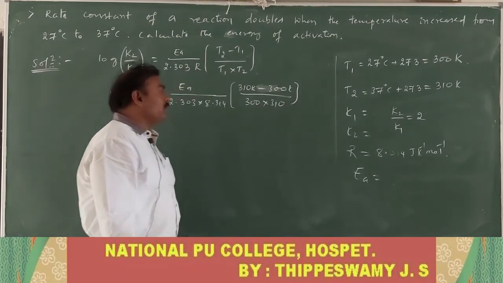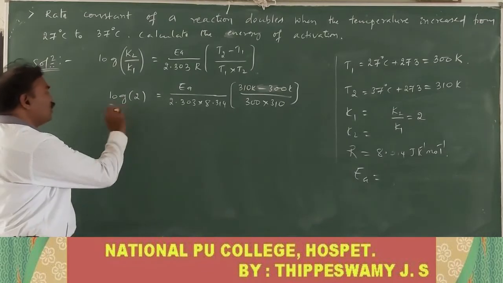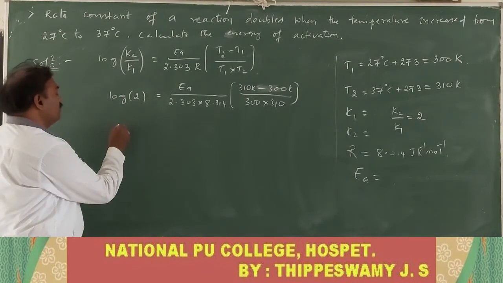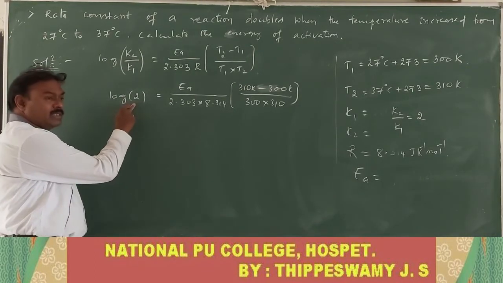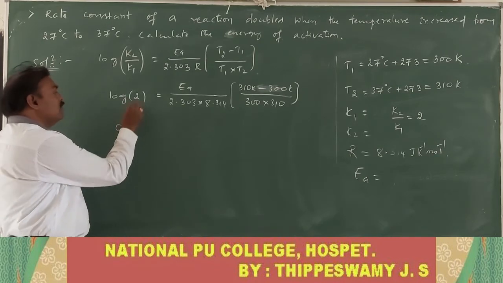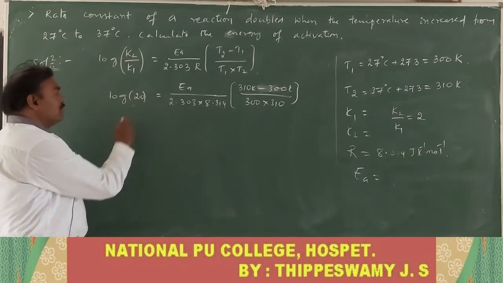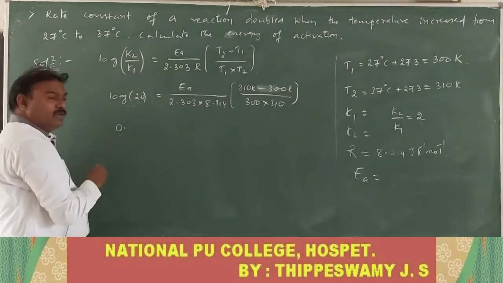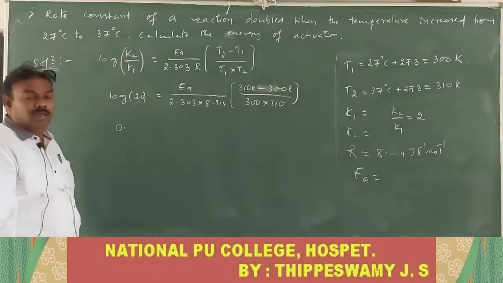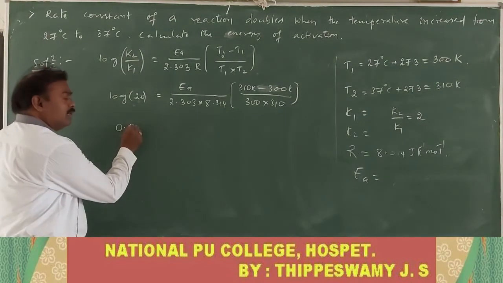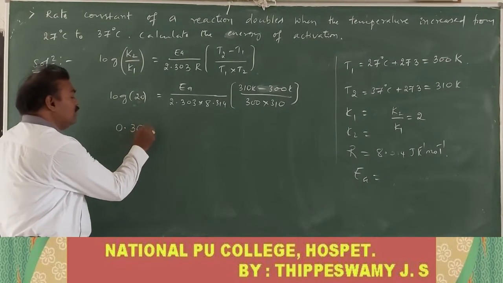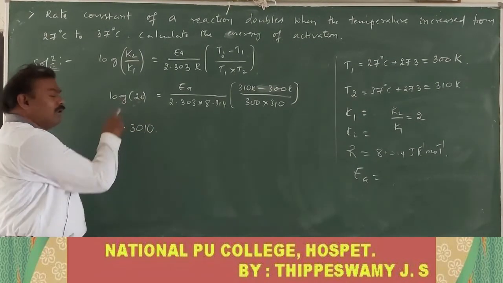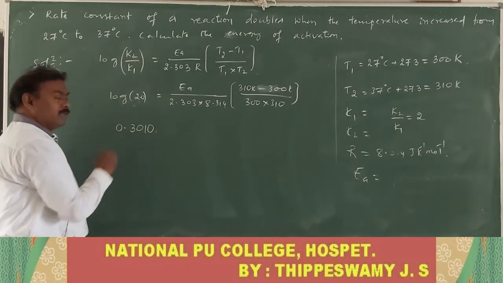So now we can simplify this. What is the value of log 2? For a single digit number, the characteristic will be 0 only. Looking at the logarithm table, 20 under 0 will give 3010. So the total value of log 2 is 0.3010.